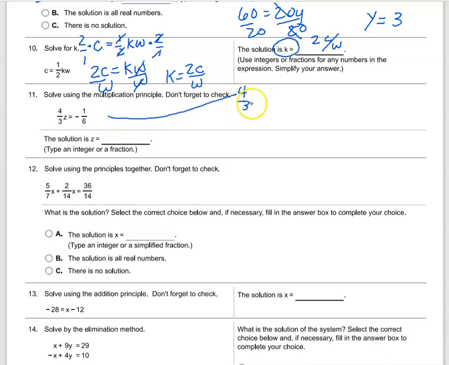We've got 4/3 z is equal to negative 1/6, and they're wanting us to solve for z. So we're going to multiply by the reciprocal. This means we're basically dividing by 4/3, which means multiplying by the reciprocal. So we're going to flip our fraction.